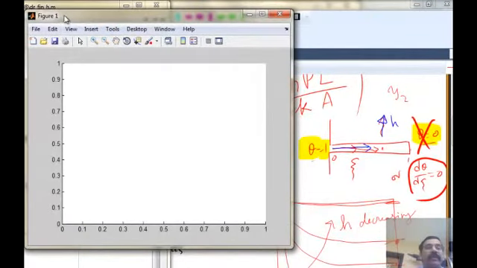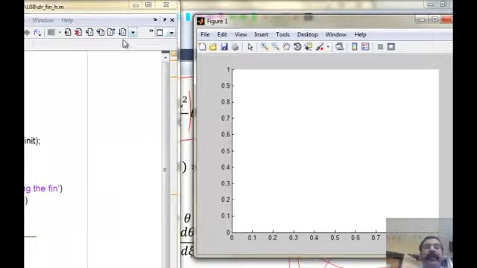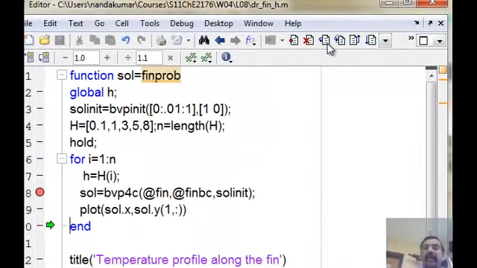All right. There. Okay. So the first curve is for h equals 0.1. That means you are removing very little heat, so the fin gets very hot at the exit.